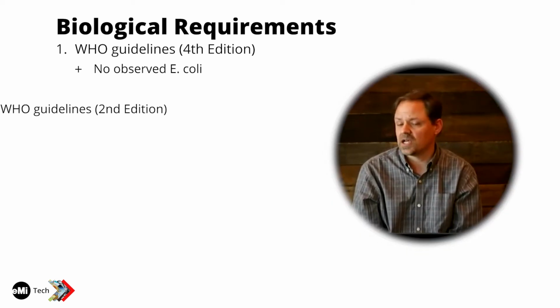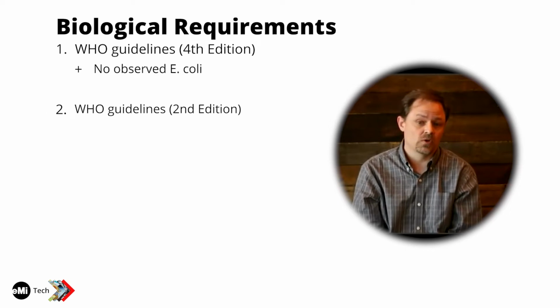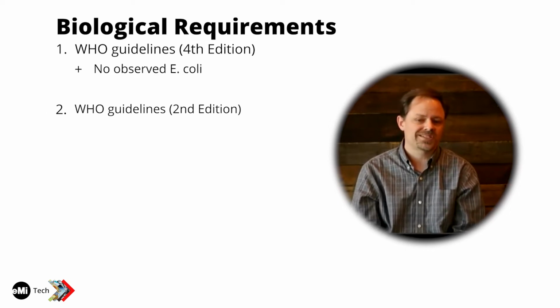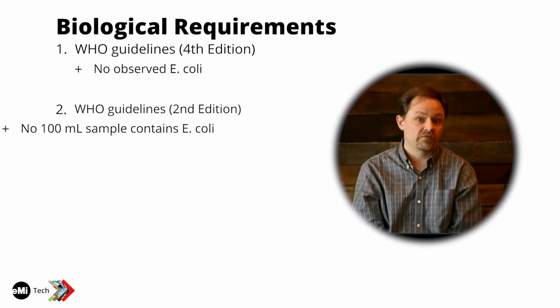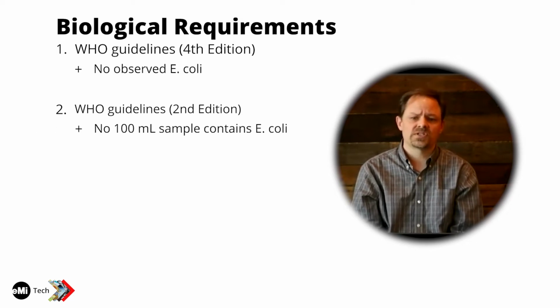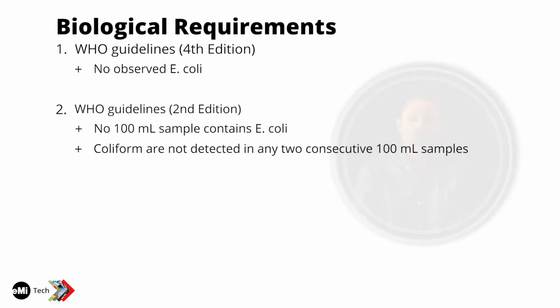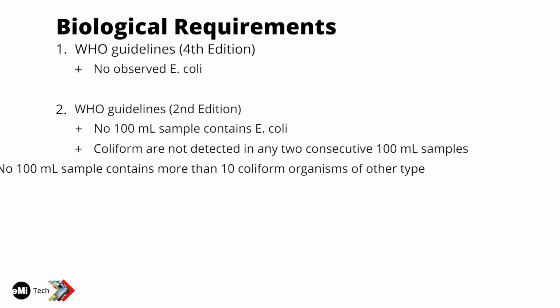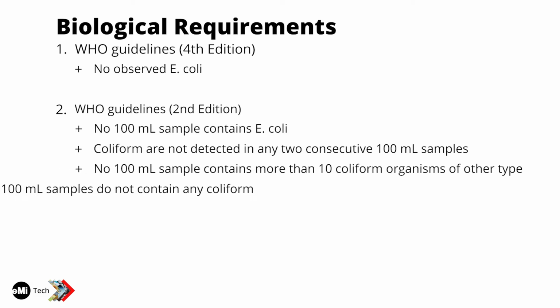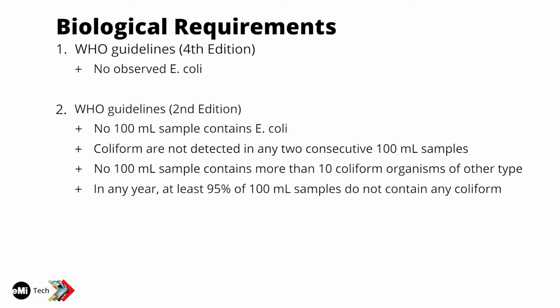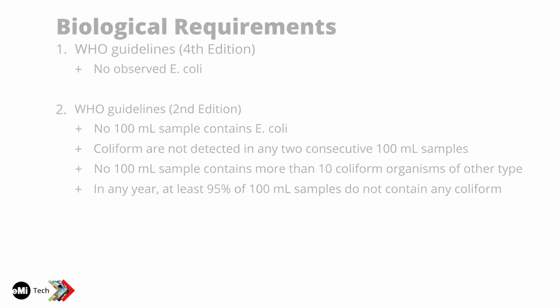So also on this slide, you'll see from the second edition of the World Health Organization guidelines, they still say that no samples should have E. coli, but they also say that the presence of coliform should be rare, and when there is coliform in the water, there shouldn't be a lot of it. And it shouldn't persist through time as well. I still think it's useful to have those guidelines in mind. Again, it's just a broad indicator of the water quality.